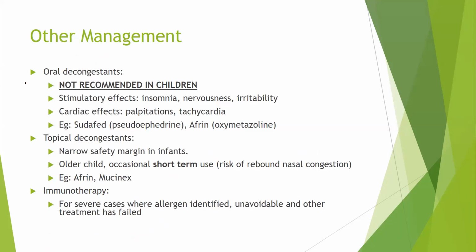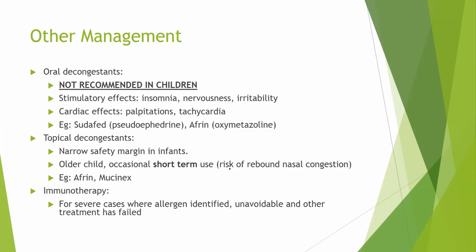Other management, so we can use oral decongestants. These are not recommended in children. They have stimulatory effects. They can cause cardiac issues, and they can generally just whack these kids out, so we don't really use them.